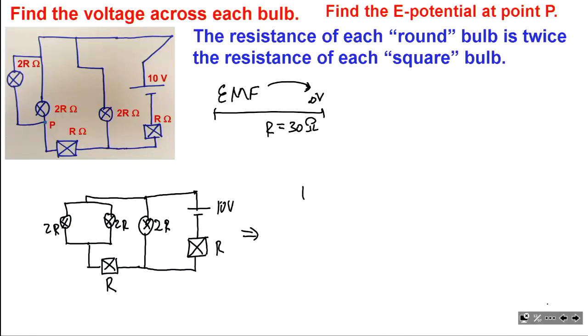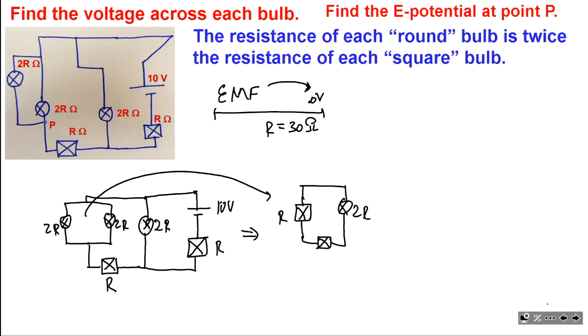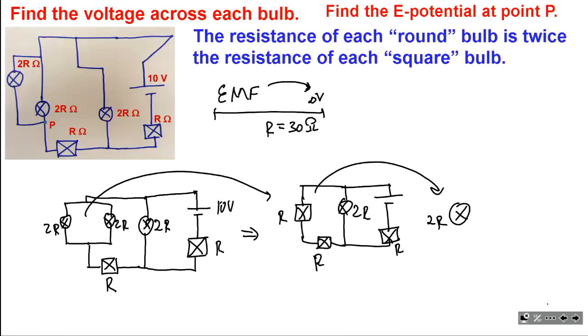So for example, 2 bulbs on the left, we can replace them with 1 bulb, 2R over 2 is R. All right, now what I see is 2 bulbs in series, R and R. I can replace them with 1 bulb, 2R, 2 times R.